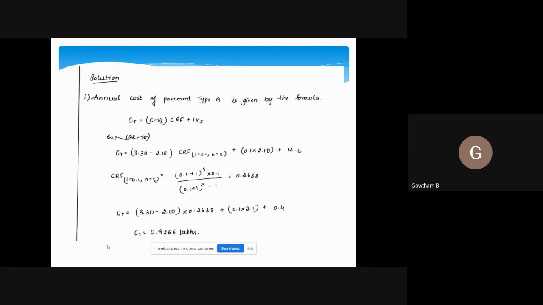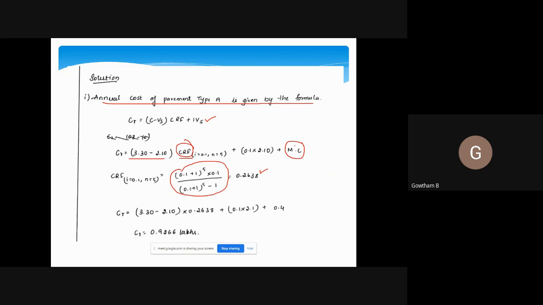Yes, here you can see the annual cost of payment type A. It is given by the formula. Here I had written the formula, and I substituted all the values; CRF is calculated separately here. I got this value. To this, annually you are investing a certain maintenance cost, and you have to add that maintenance cost also.